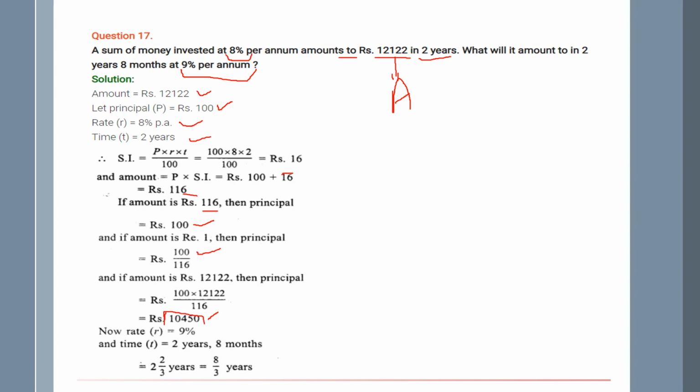If this is the actual principal, students, in this you know very well about the unitary method, right? In this we have used only the unitary method. You have done the chapter also on the basis of this method only. So rate is 9%. Again, time is 2 years, 8 months.